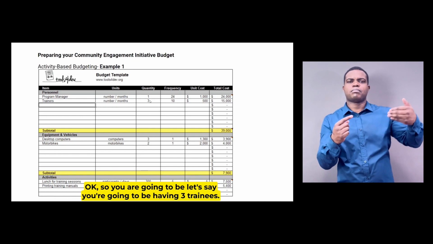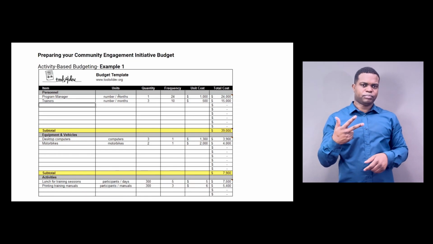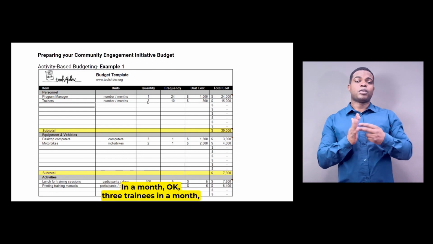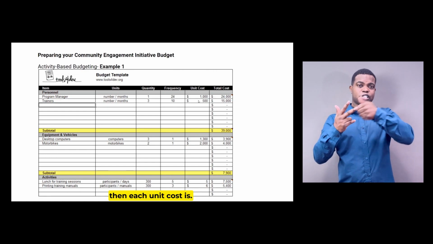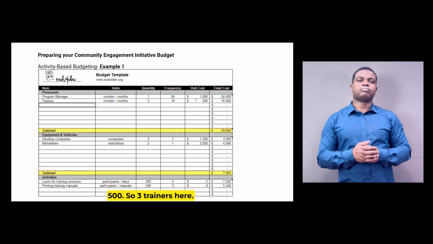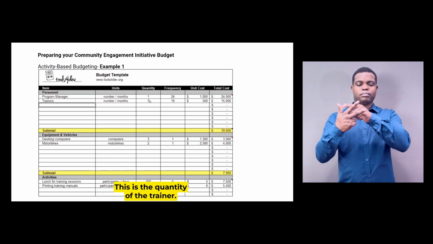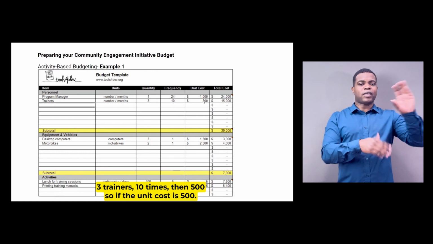Let's say you are going to have 3 trainers in a month, then each unit cost is 500. So 3 trainers here, this is the quantity of the trainer. 3 trainers, 10 times, then 500.